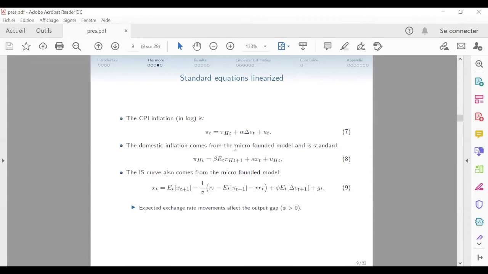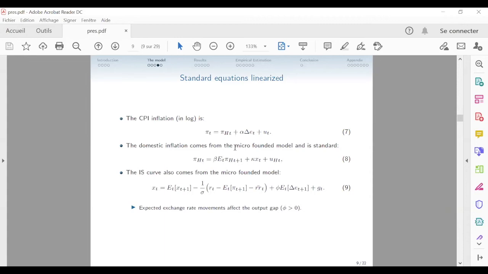Obviously, when the domestic inflation goes up, the CPI inflation increases as well, and a depreciation in the domestic currency increases the CPI inflation. Alpha represents the openness of the economy, so the more open the economy is, the more the depreciation will increase the CPI inflation.